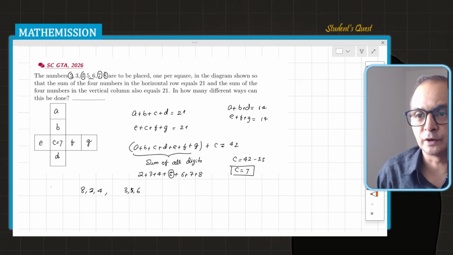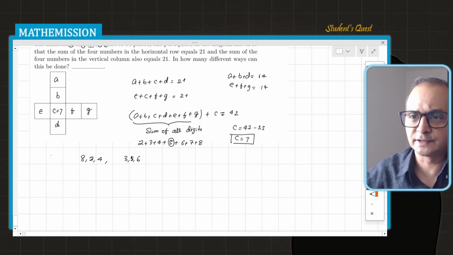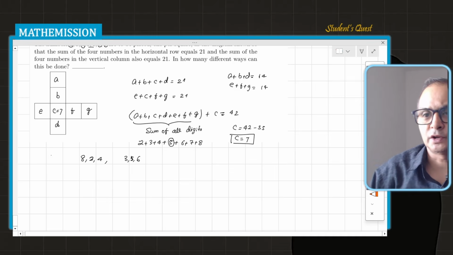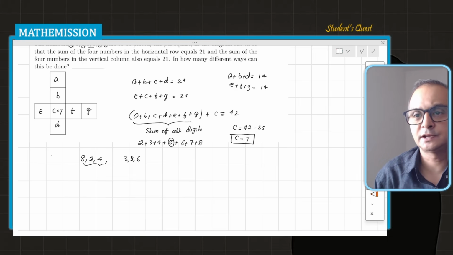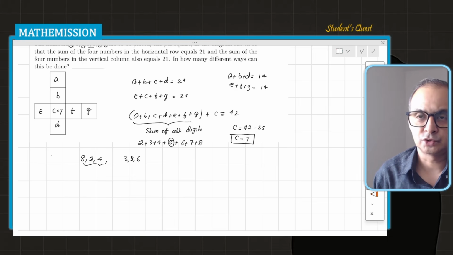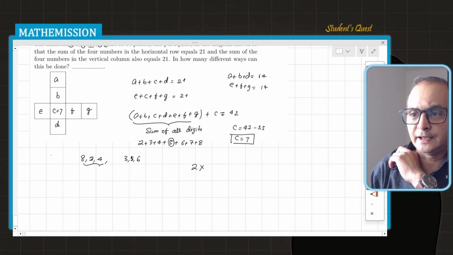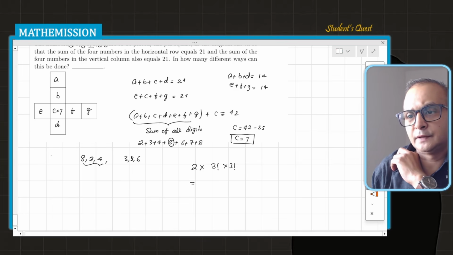So I have only these two sets we can make. Either you can give 8, 2, 4 to ABD, or you can give it to EFG. So for each row and column, I have two ways. In each case, I have 3 factorial and again 3 factorial. So I believe it is 2 times 36, which is 72, and that's the answer.